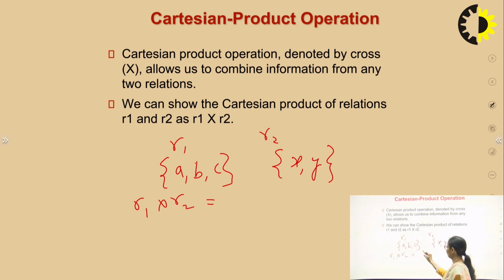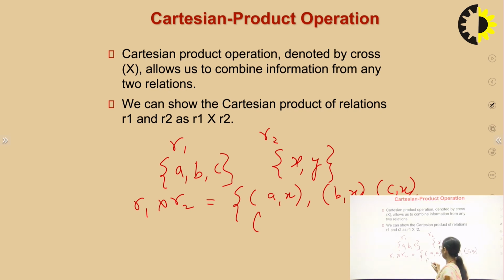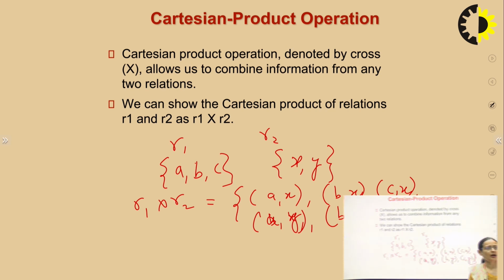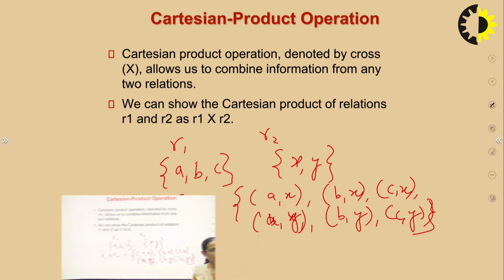It says A comma X, then B comma X, C comma X. All the information needs to be combined. Sorry, A comma X, B comma X, C comma X, then A, Y, B, Y and C, Y. This is the output when we perform the Cartesian product.